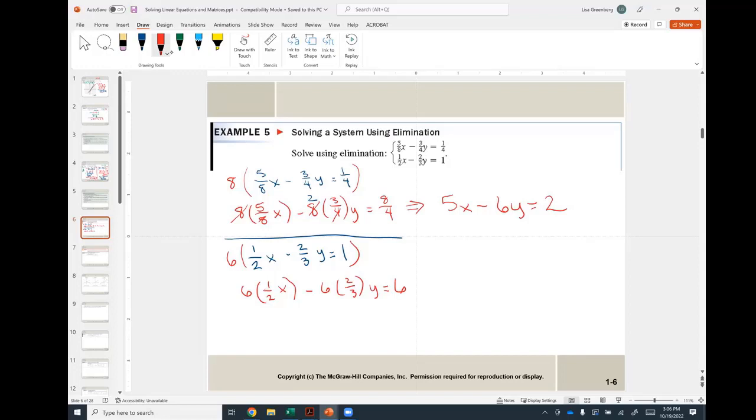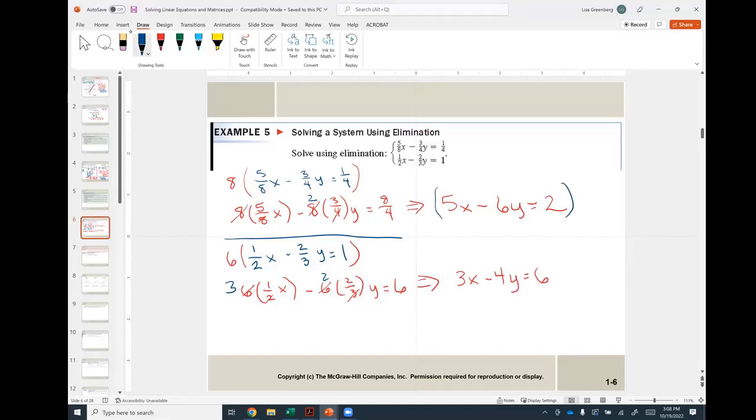And then I cancel this with this, and I get a 3. So I get 3x. For the second one, I cancel this with this, I get a 2. So this becomes minus 4y equals 6.